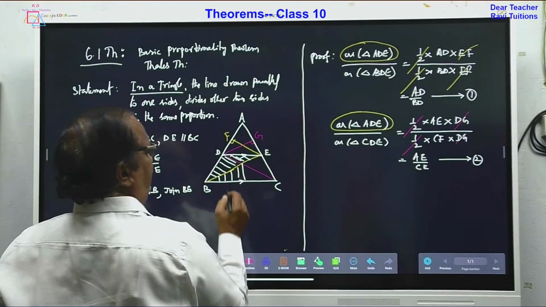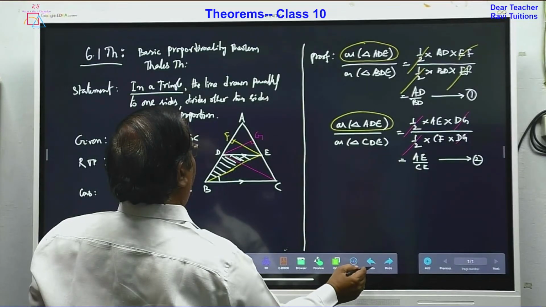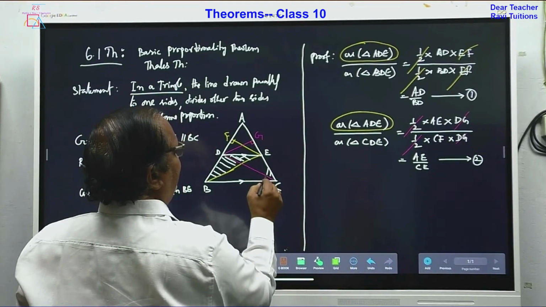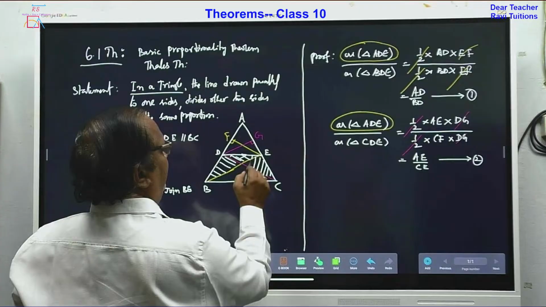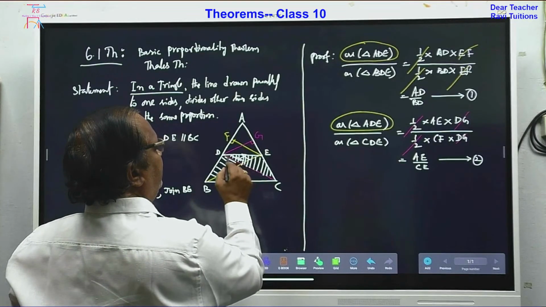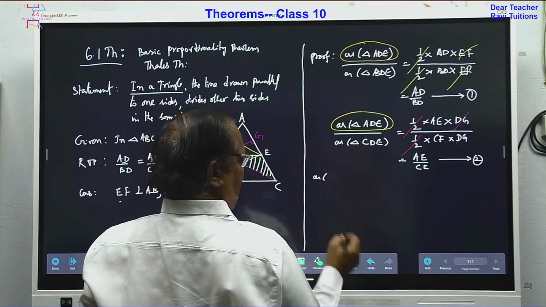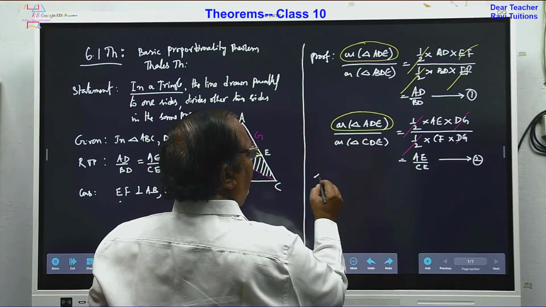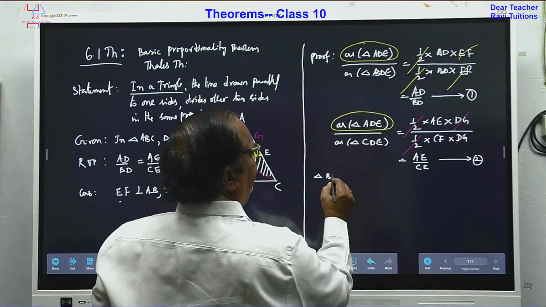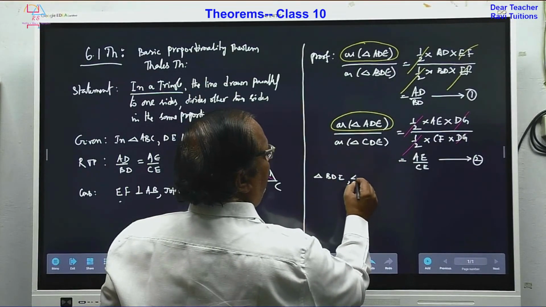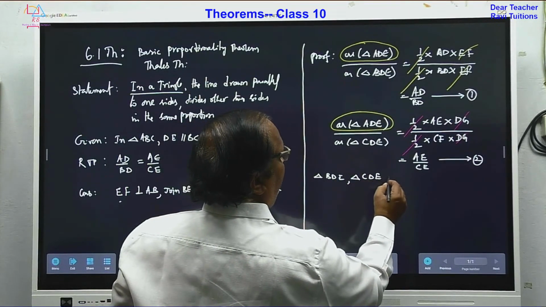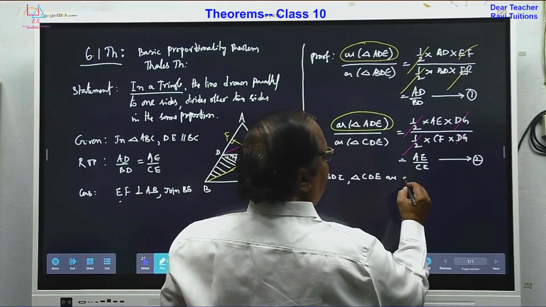Now both the triangles, that means triangle BDE, triangle CDE are on the same base.